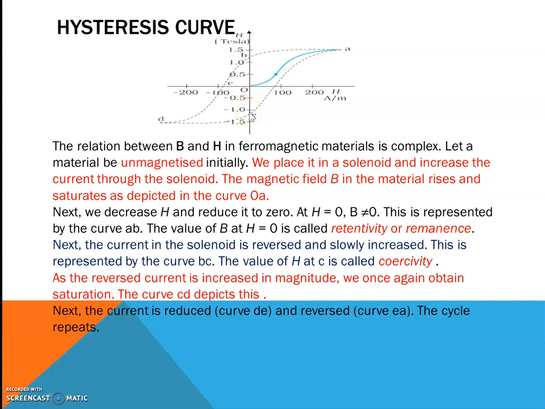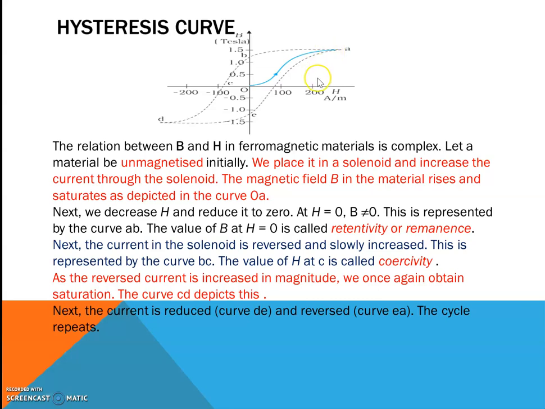Again it is indicated as remanence or retentivity. And further on reversing current and increasing the current in previous direction as shown in curve E to A, magnetic field induction reaches its maximum value, that is saturation value. In this way, one cycle is completed.